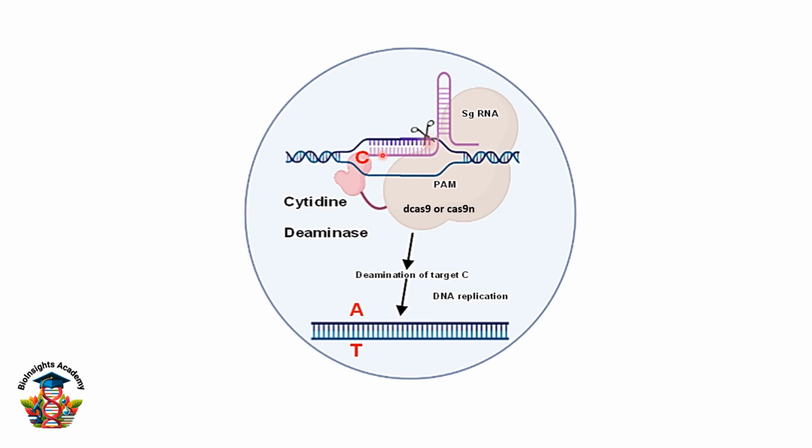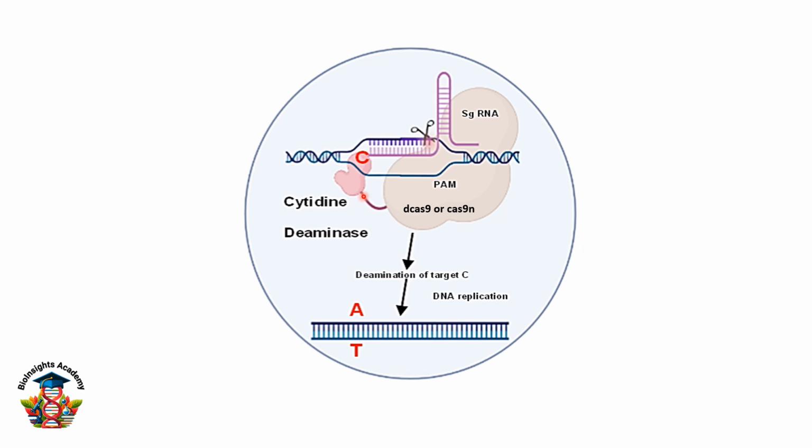The dead Cas9 or nickase Cas9 is fused to a cytidine deaminase enzyme, for example APOBEC1. This enzyme catalyzes the deamination of cytosine to uracil, so C to U conversion.